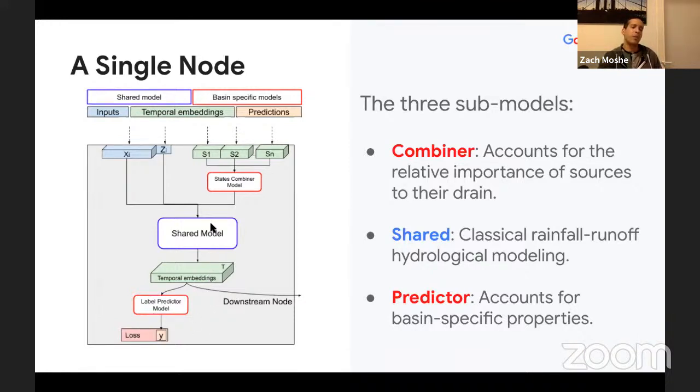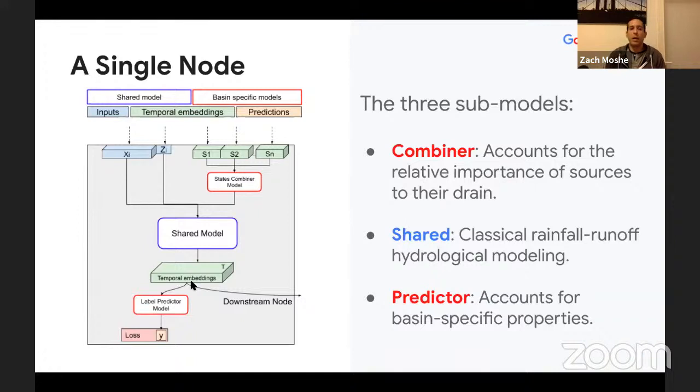But the node is also responsible, if you look at this arrow that goes out, for generating what we call its temporal embeddings. We define the state of the river by some vector of size h. It's normally 8, but we're playing with other numbers as well. This vector should encapsulate the state of the river, whether it's a discharge flow over the river, an underground flow, humidity, or maybe some other condition that we're not really sure what it is.